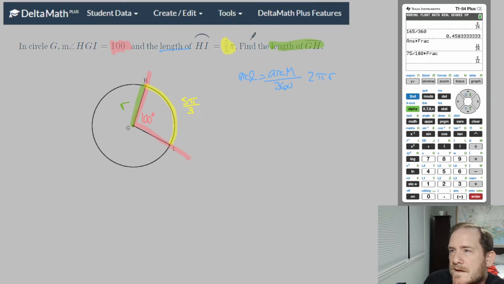And I guess it still is that, because we are still just working in degrees with the 100. So the difference here is if we go to substitute in, we actually know the arc length already. That's the 5 pi over 3. And we also know the arc measure, it's 100 degrees.